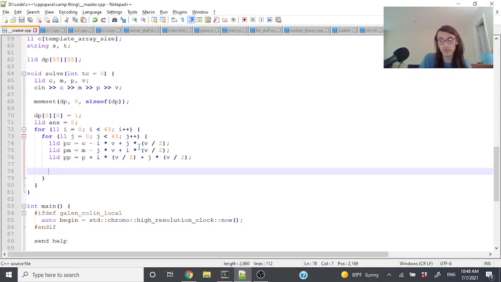Okay, so if PC is less than 0 or PM is less than 0. Alright, no, that's fine actually. Alright, okay, how's this work? So if PC is less than 0, then the rest of it was distributed equally.